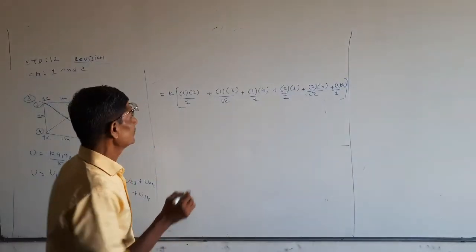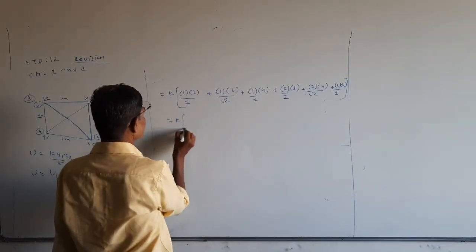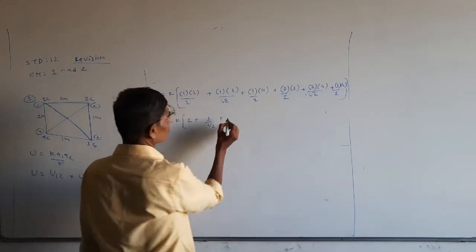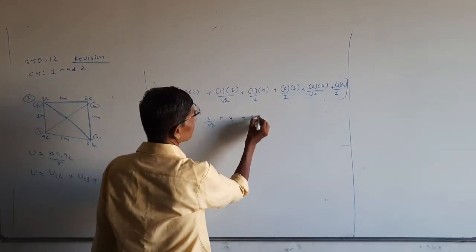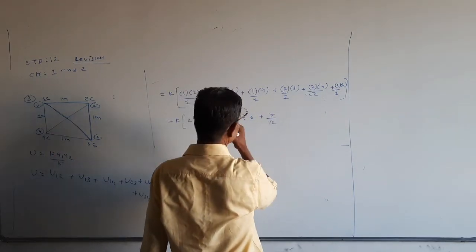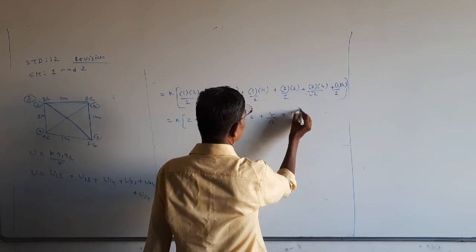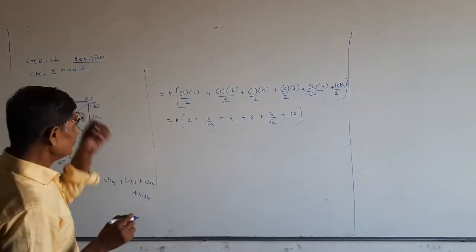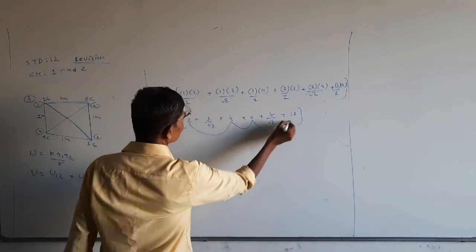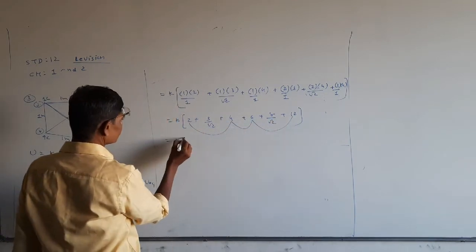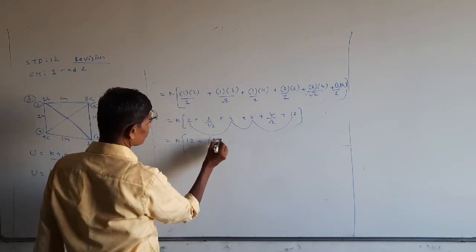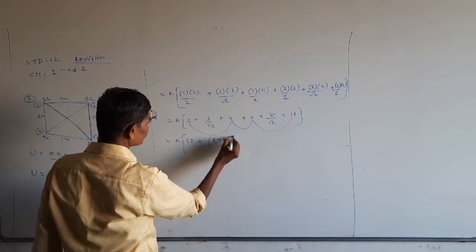Now we can simplify this. K times (2 plus 3 upon root 2, plus 4, plus 6, plus 8 upon root 2, plus 12). 2 plus 4 is 6, 6 plus 6 is 12, plus 12 is 24, and 3 plus 8 upon root 2.